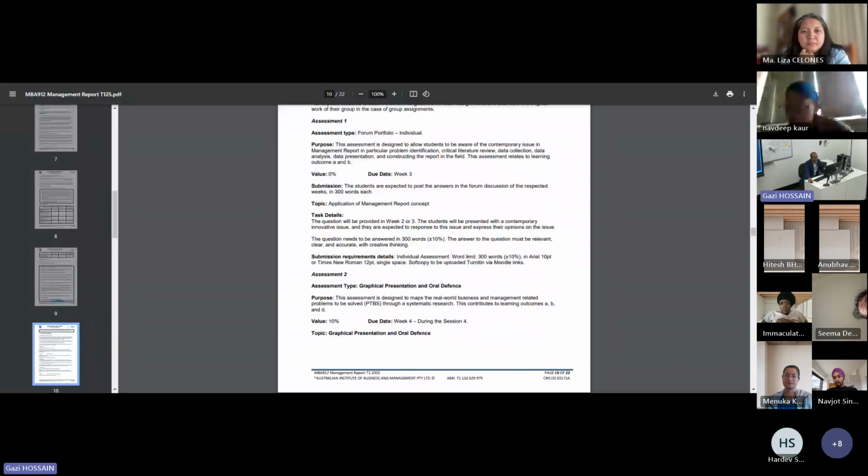Now I'm bringing you to the detail of the assignments. As you can see, assignment 1 is a forum portfolio, or formative assessment. In this formative assessment, you will write only 300 words, providing your opinion relating to some issue on the management report or management thesis.